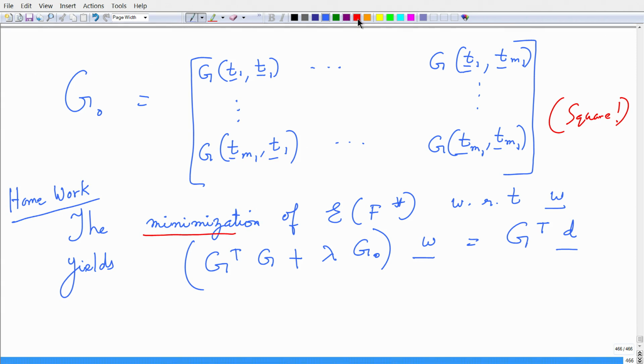So, this involves matrix calculus. It is straightforward. You can look into my video lectures on matrix calculus. I have about 25 or 30 minutes of video lecture in my mathematical methods and techniques for signal processing course, where I talk about how to differentiate a scalar with respect to a vector, a matrix with respect to a vector, etc. So, these matrix calculus operations you can straightforwardly do when you express this functional in matrix form.